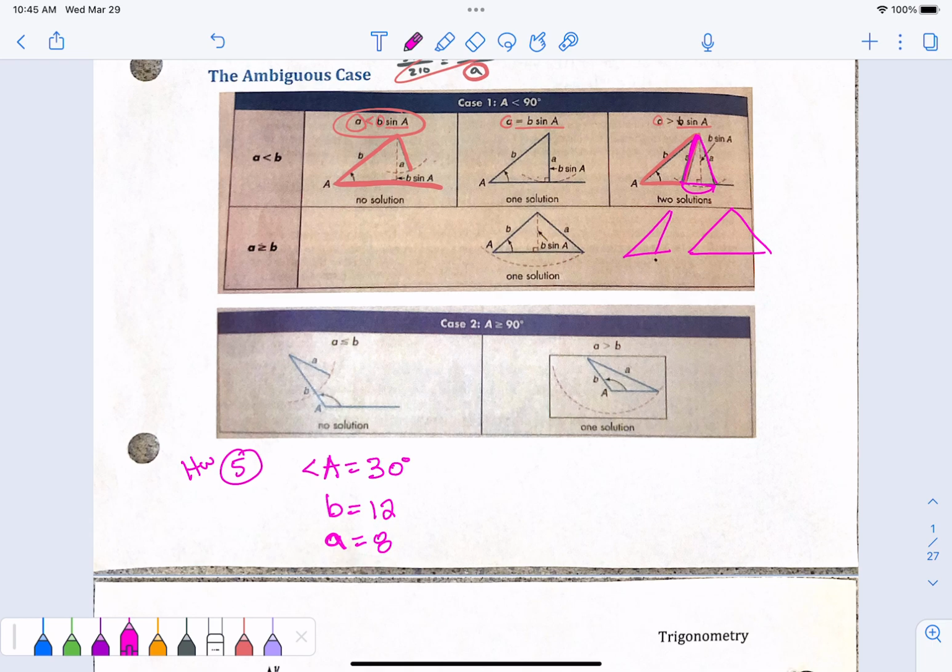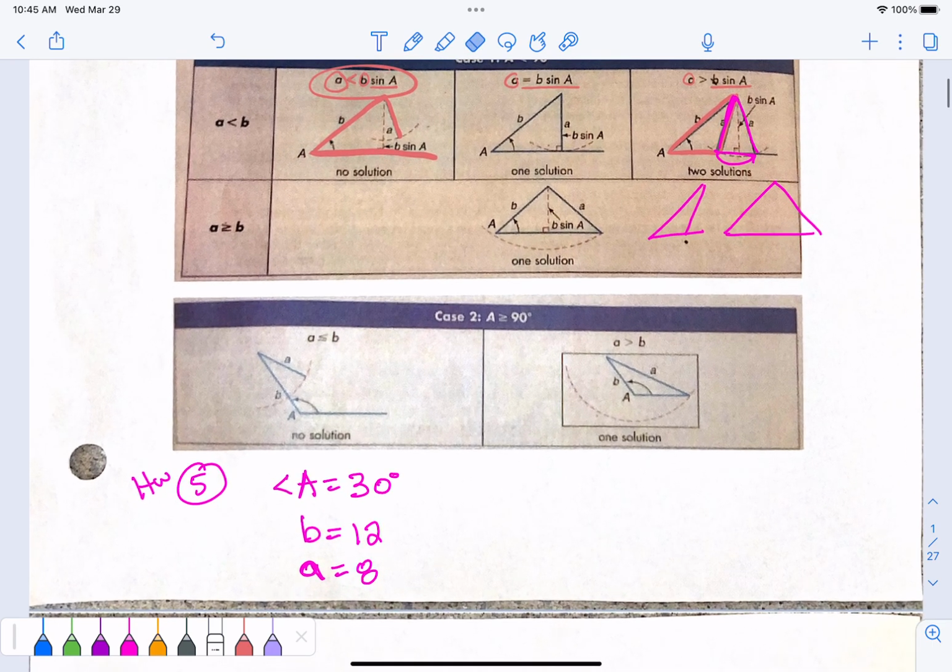Now, real quick, if you're looking at number 7 as well, they don't give you b, they give you c actually. So they're giving you c equals 18 and a equals 5. Does it matter? No. c might as well be b. So it doesn't really matter on number 7 that they give you c instead of b. It can be swapped out for b. So just keep that in mind. That's number 7.